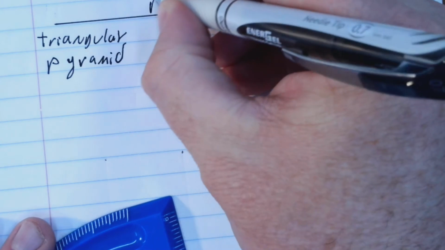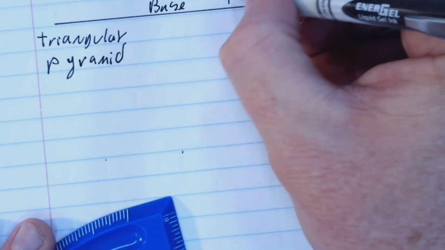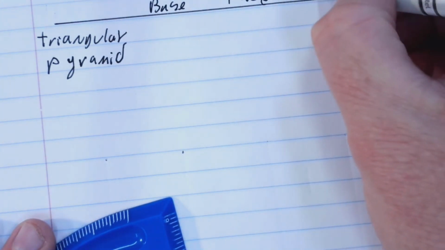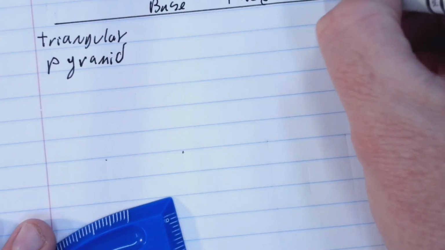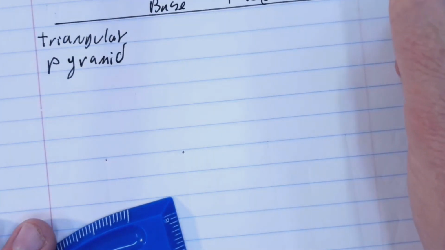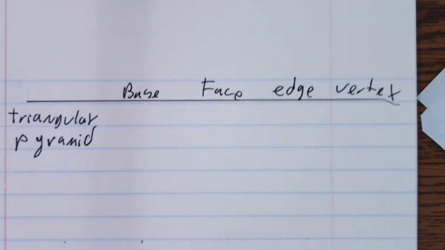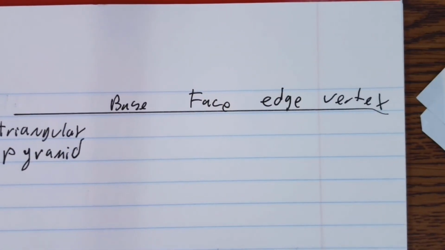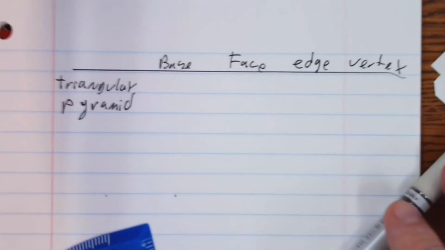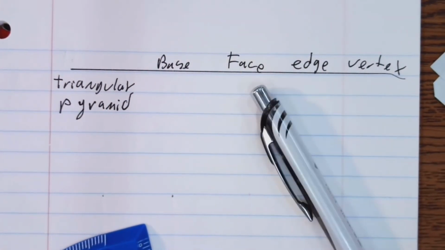And that's what we're trying to work with. So triangle pyramid, we're going to need base, face, edge, vertex. And I'll make sure this is in your line of view. Okay, triangular pyramid. I only have one pyramid.